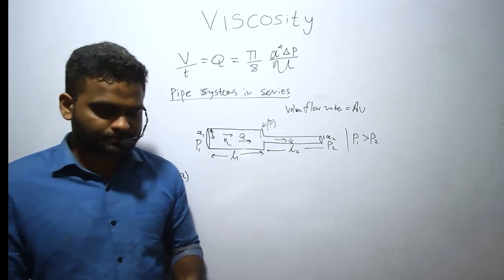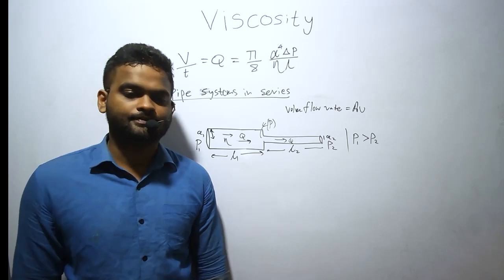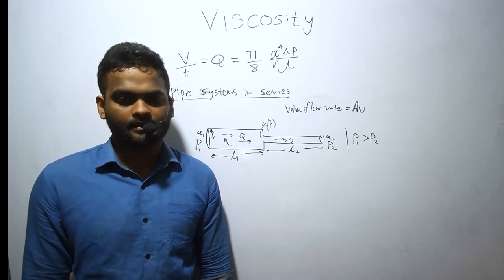Finding pressure P at junction when Q is unknown, right?